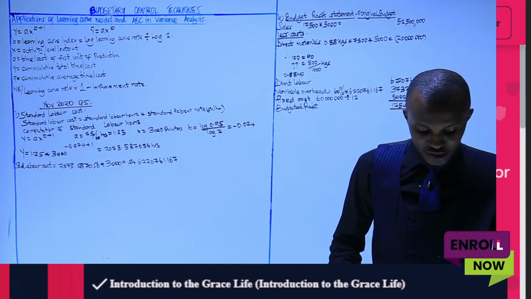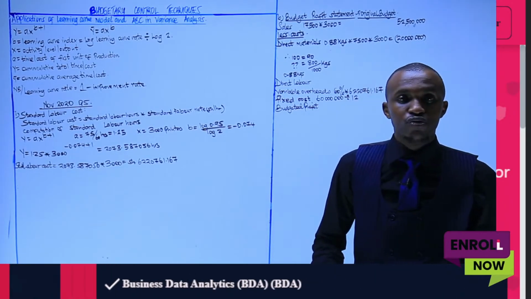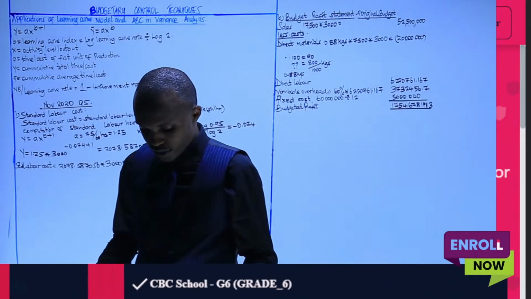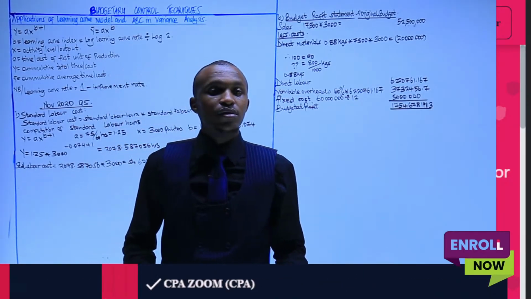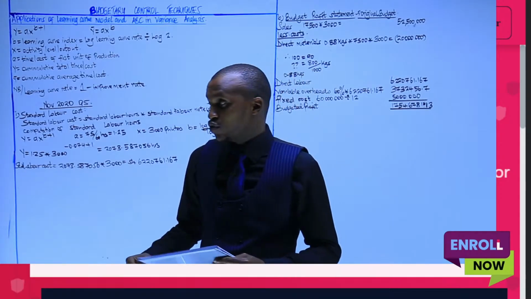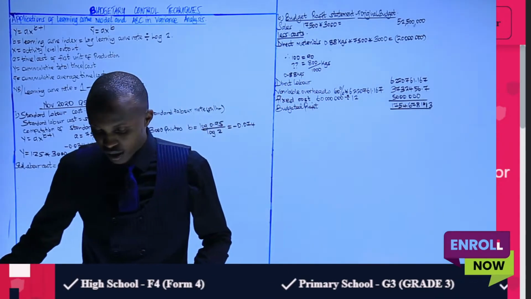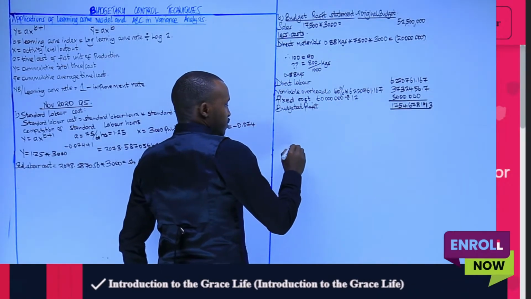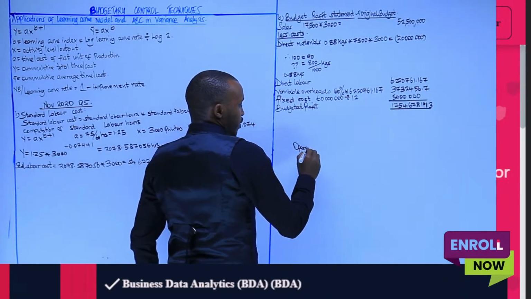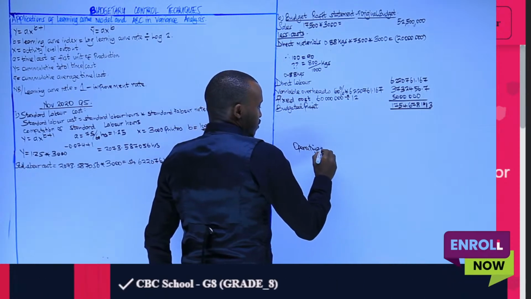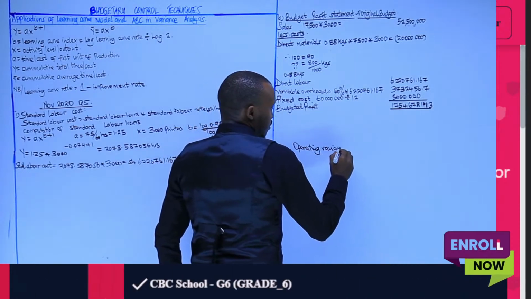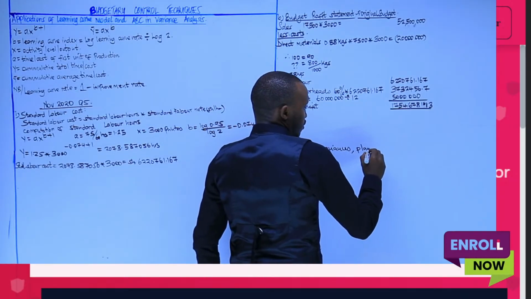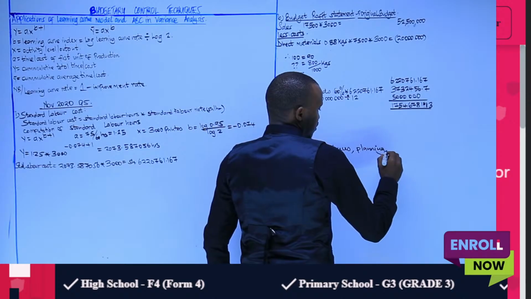The next part of that question, where they're telling us to reconcile, we will do that in the next lesson, where I will introduce 2 items. Number 1, I will introduce operating variances. I will also introduce planning variances.